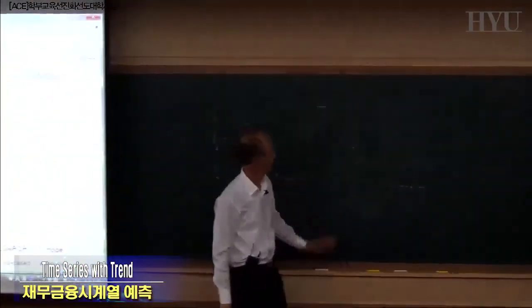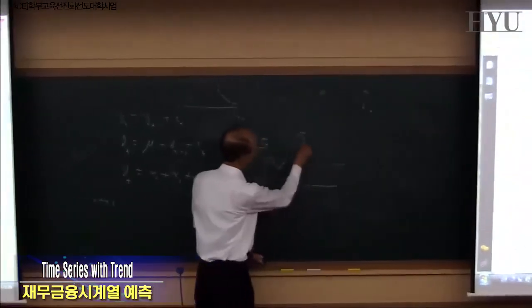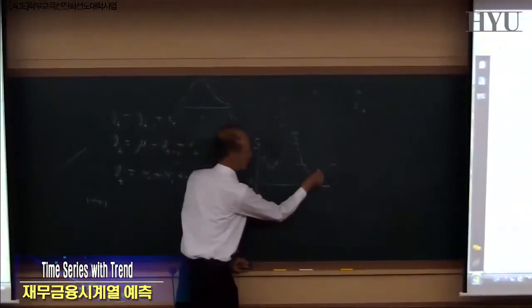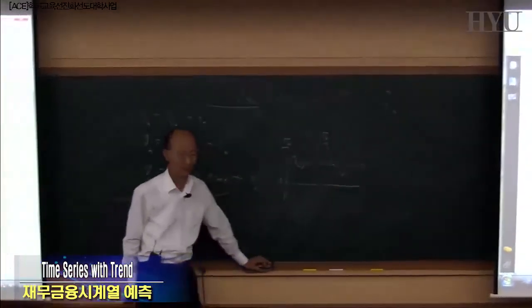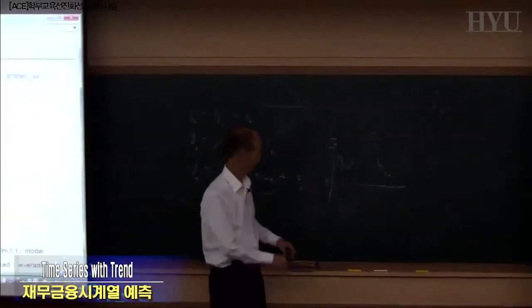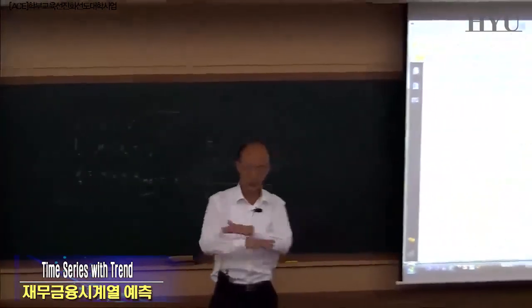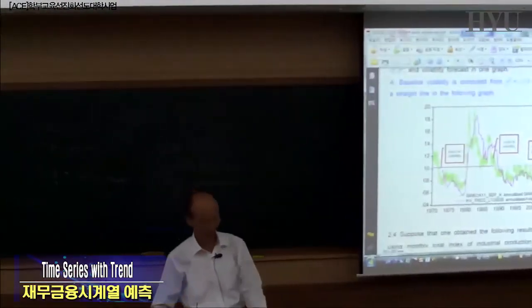So if you happen to stop right here, then your forecast is going to be that way, because the volatility is stationary.